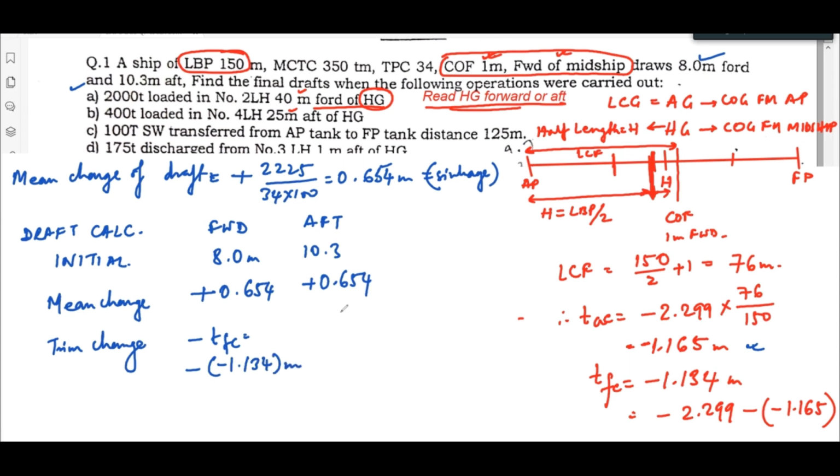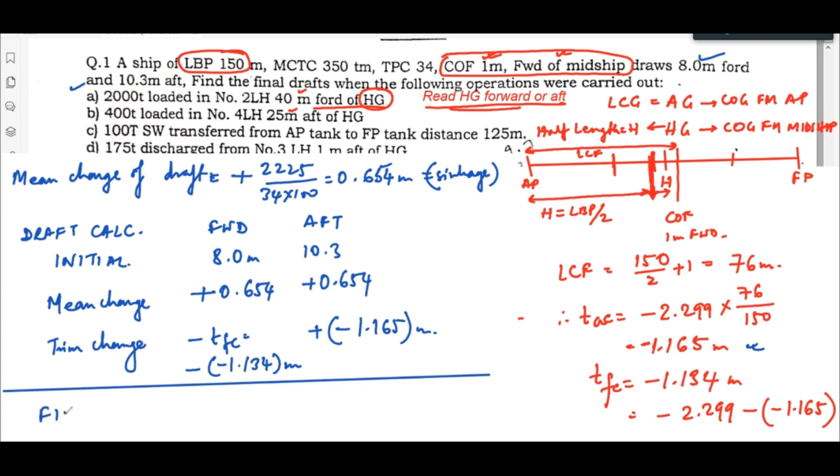And this is going to be obviously plus of 1.165. And what is the result we have? Forward 9.788 and aft 9.789.